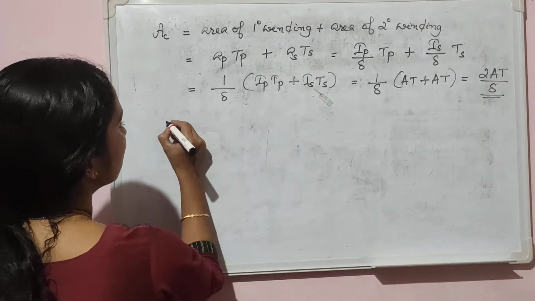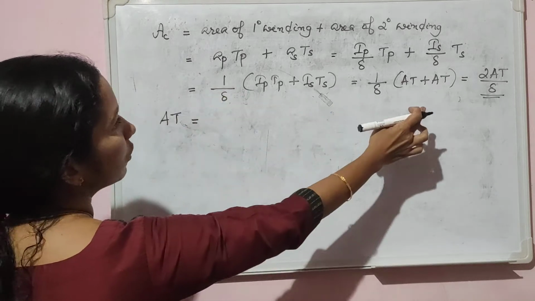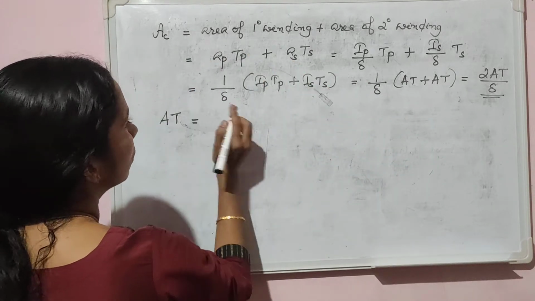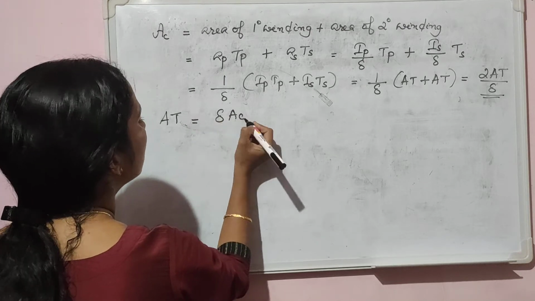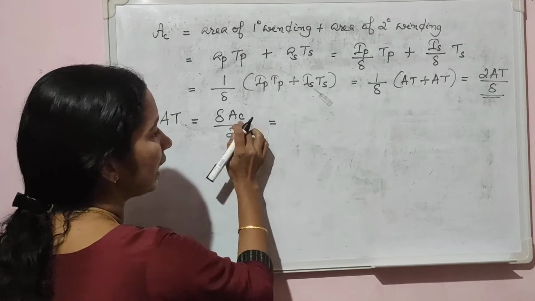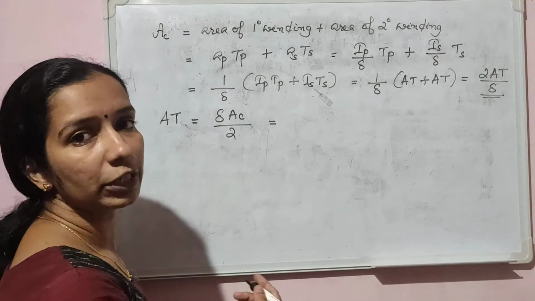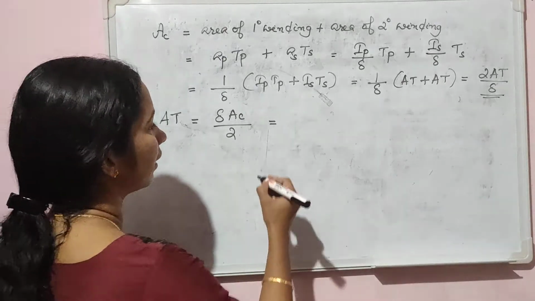So otherwise we can write AT, the AT will be equal to delta into AC divided by 2. Okay. And we know that AC is equal to kW into AW. We have denoted AC as kW into AW.